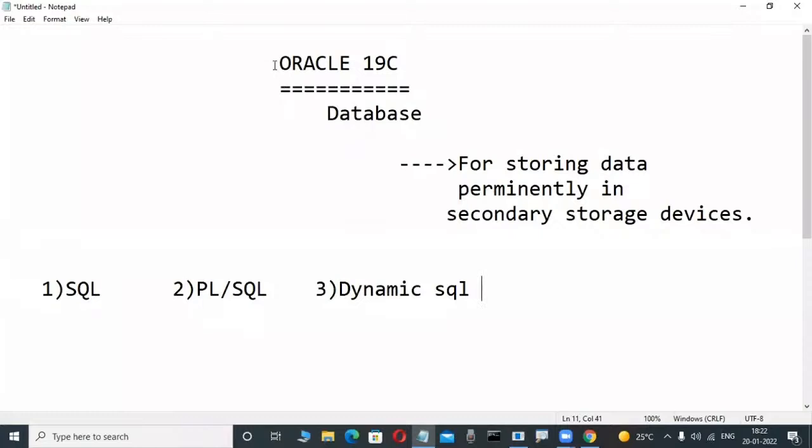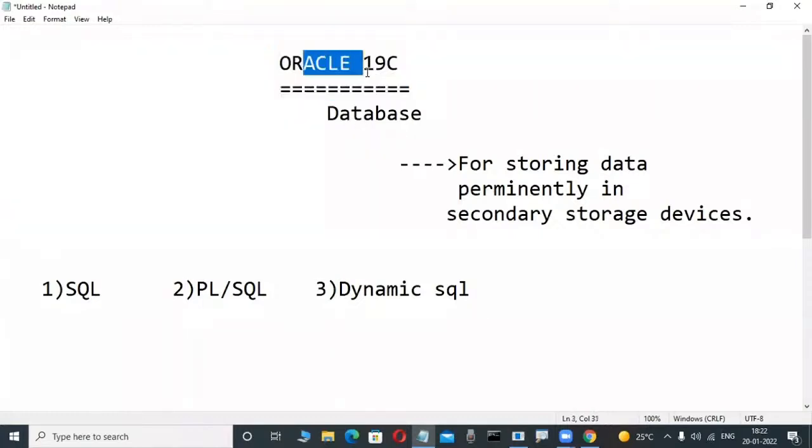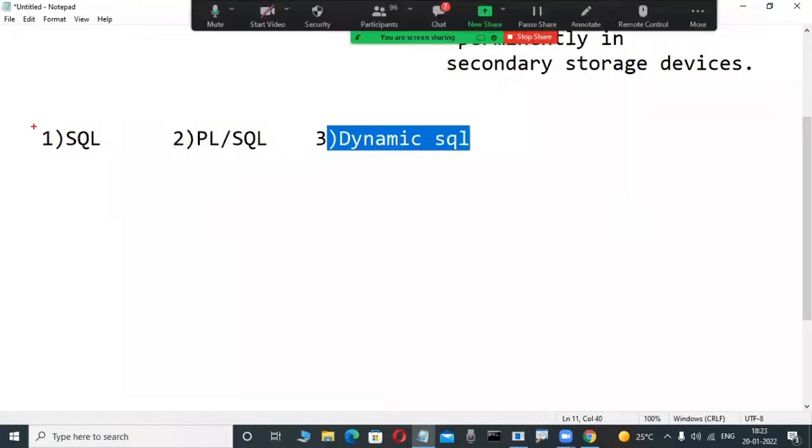That's why, observe here, Oracle is a product from Oracle Corporation. If you want to operate this relational database product, which languages are we learning? One is SQL, another is PL/SQL, another is Dynamic SQL. These three languages we are learning in our course.